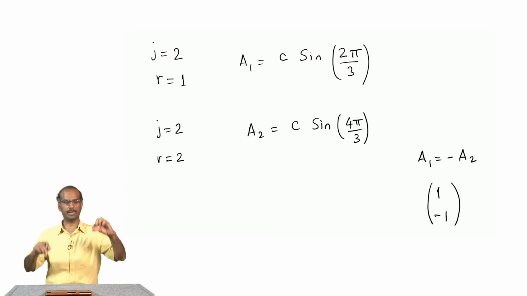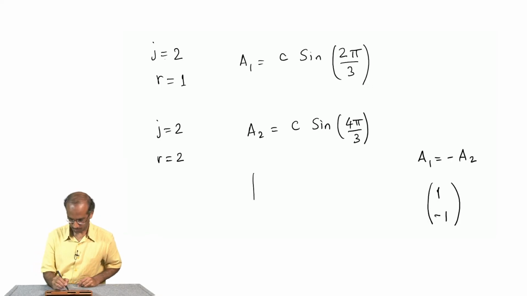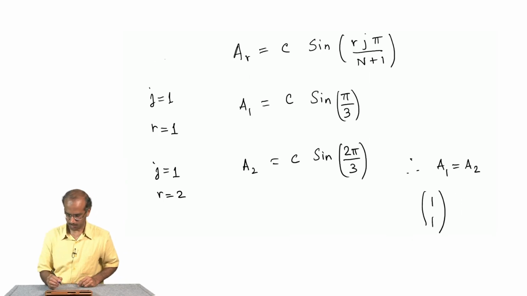So, you have this anti-phase oscillation, when one goes up the other goes down and so on. That is this second mode. If I have to quickly sketch that, it would correspond to something like this, whereas the first one would correspond to something like this.